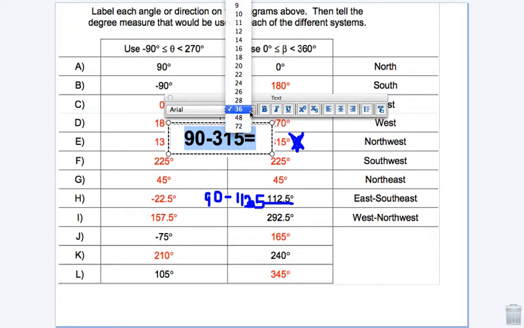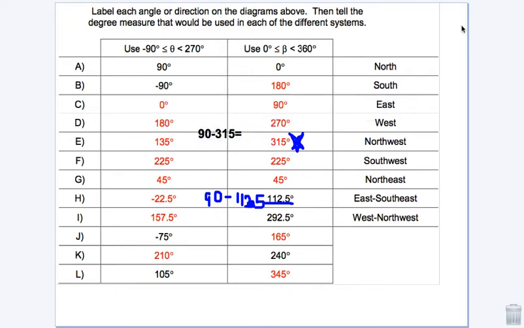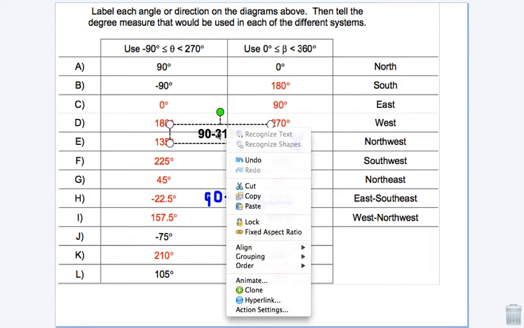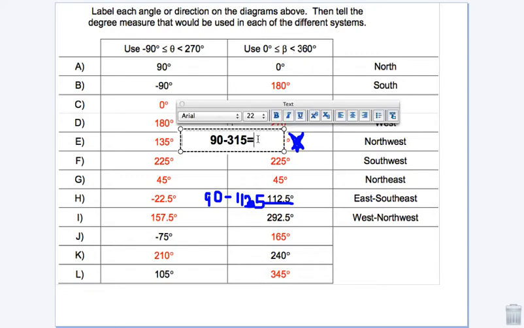Okay. While I'm fiddling with this, I'm mentally trying to subtract that in my head. And it's a little bit of hard work. All right, so 90 minus 315, that's going to give us negative, let's see, 225. Am I right?